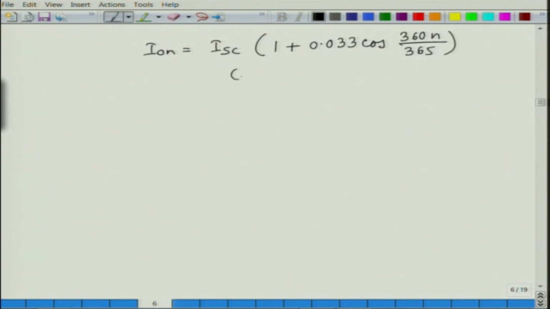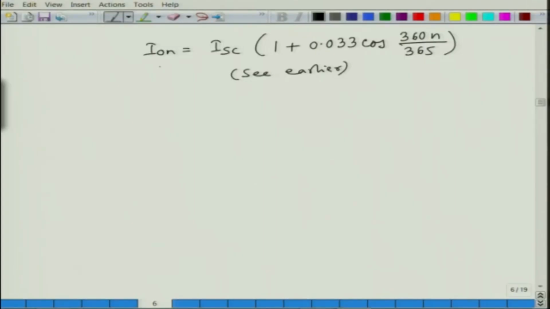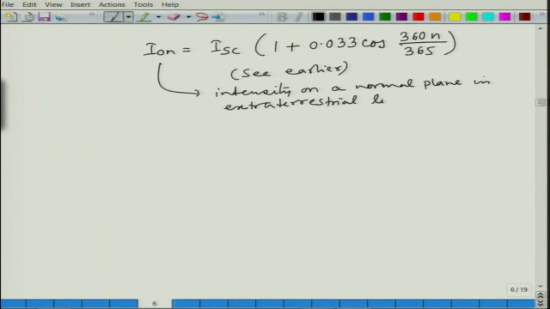This we have seen earlier. So, please look back at the earlier videos and you will find this particular equation. Okay. So, basically this I_ON is the intensity on a normal plane in extraterrestrial location.